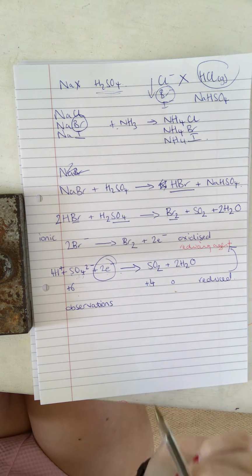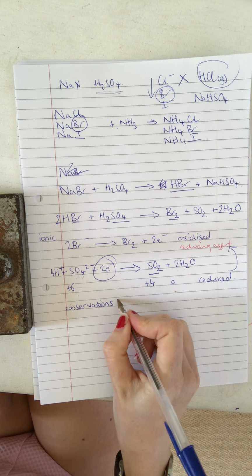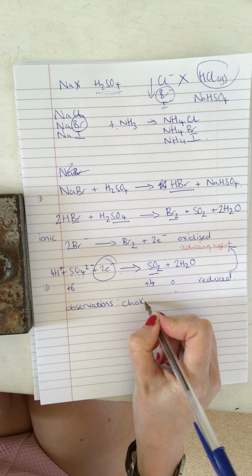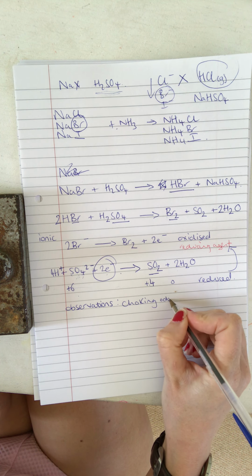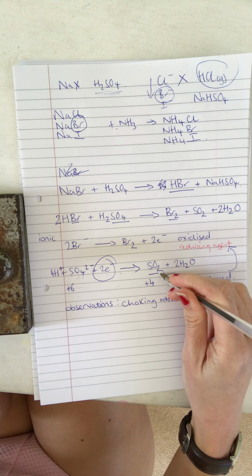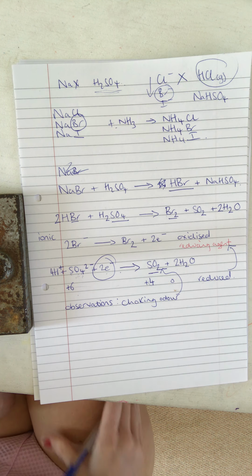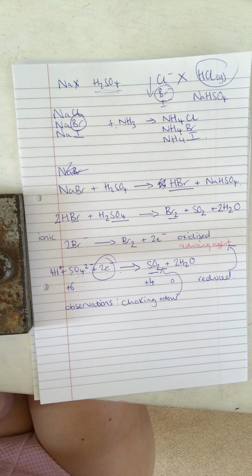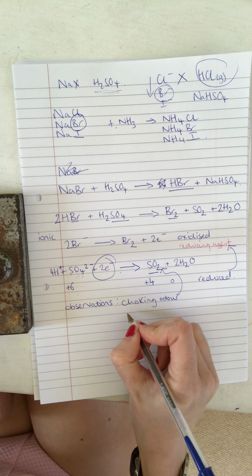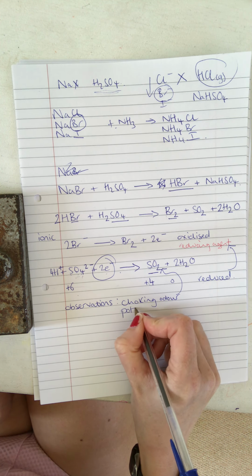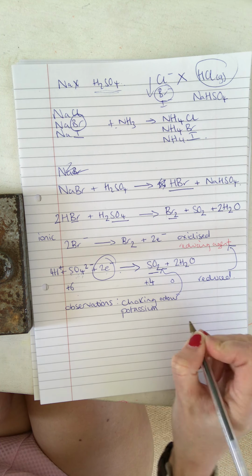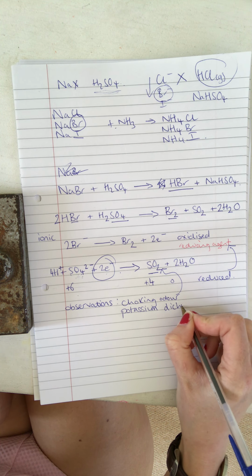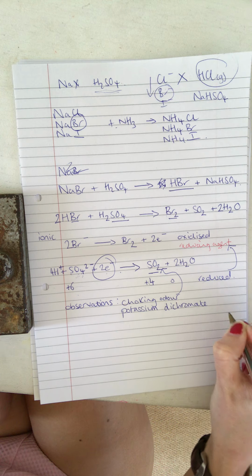If we had sodium bromide, well, we're going to get, first of all, a choking odour, and that is from the sulfur dioxide. The other thing that you will get is if you dip in some potassium dichromate paper, then it will turn green.